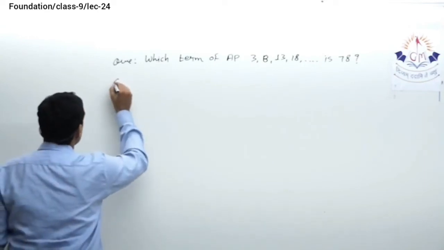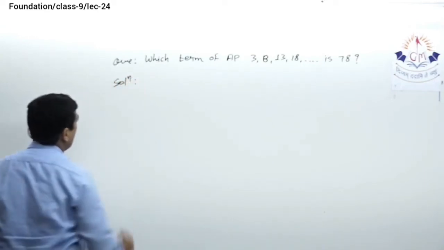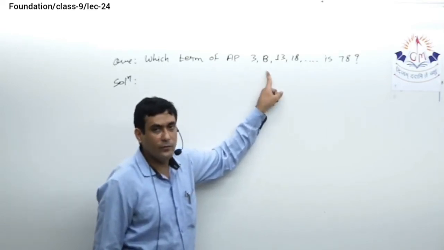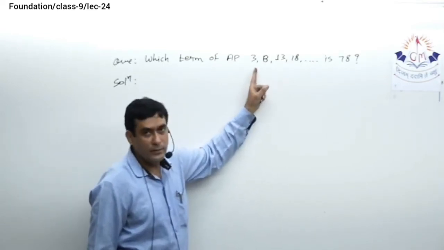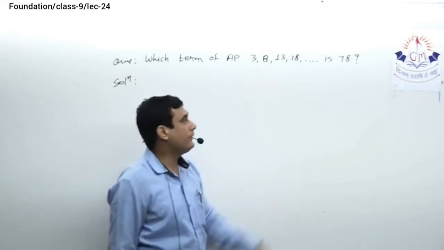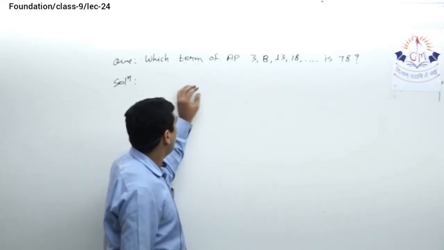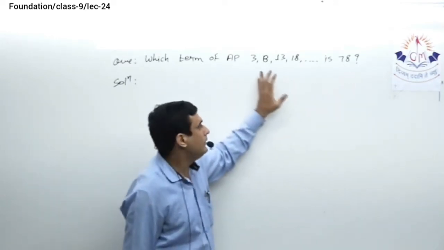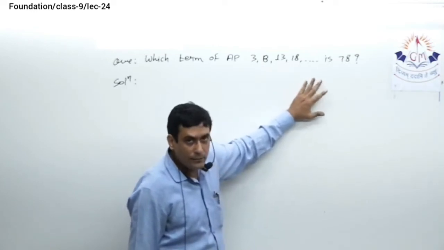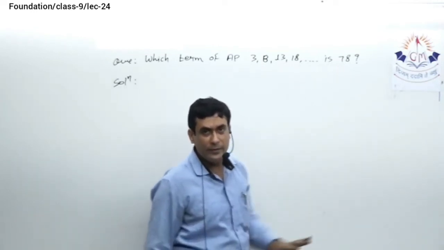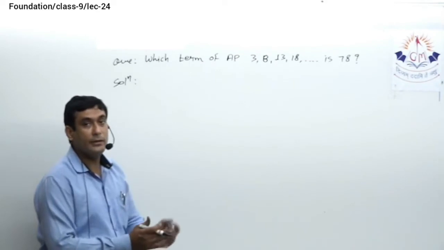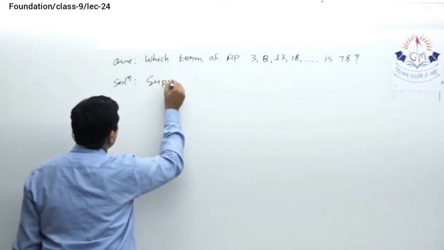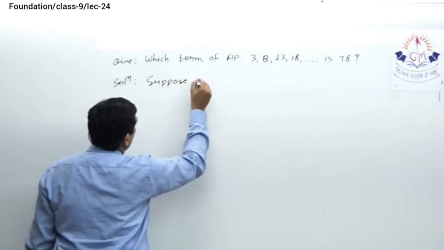See, it is given this is an AP, so here we can find a, that is 3, and we can find d, that is 8 minus 3, that is 5. First of all, we have to consider, let the AP have n terms, and suppose the nth term of the AP is 78.